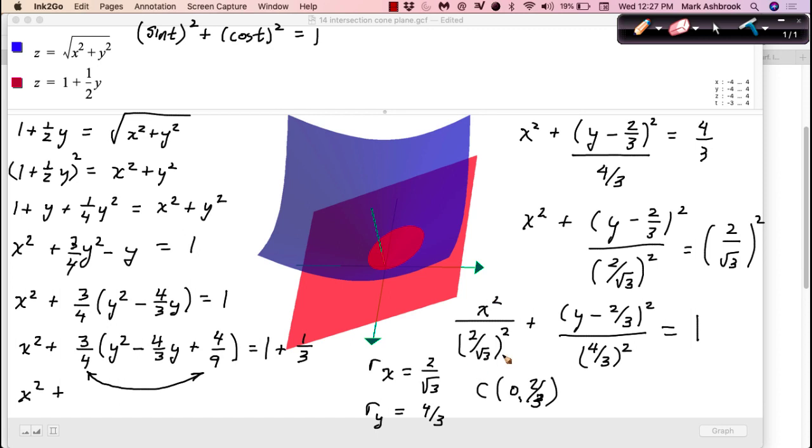So we've got something squared plus something squared equals 1. So that something that's squared, we can assign to sine t.